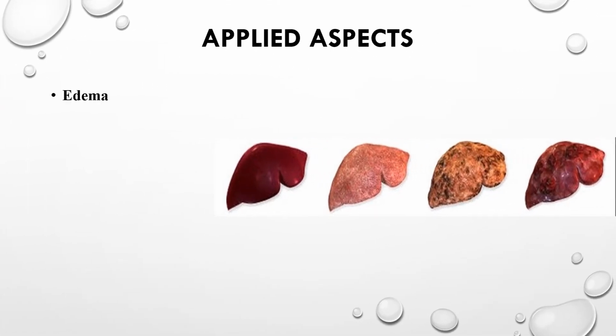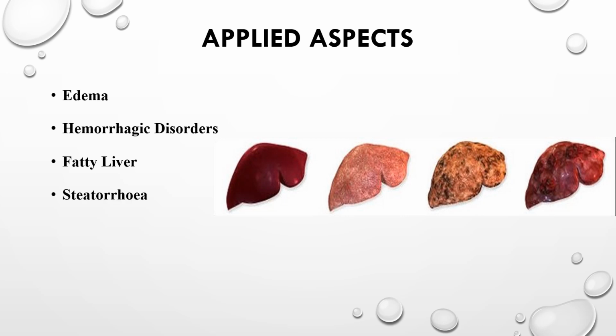Applied aspects: edema. Edema occurs due to hypoproteinemia, especially of albumin. Hemorrhagic disorders can occur due to the lack of clotting factor synthesis. Fatty liver due to excess intake of cholesterol foods.